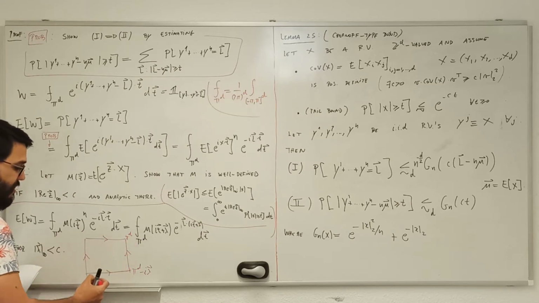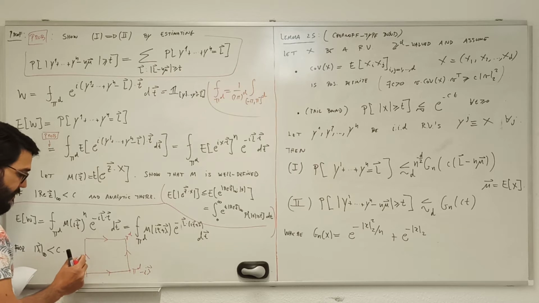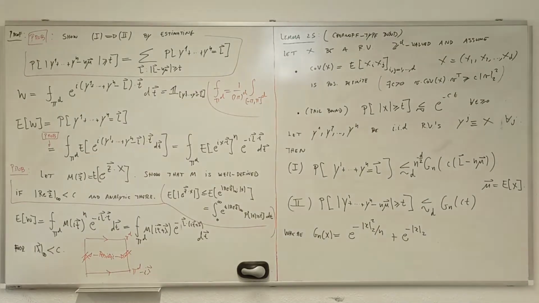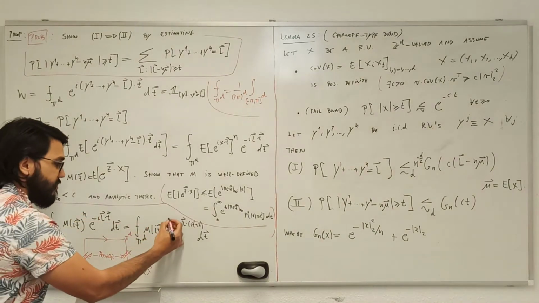So the integral here equals the integral here, but the integral there equals the integral here, because the function is periodic. So this is to the n, this is to the n. Sorry.